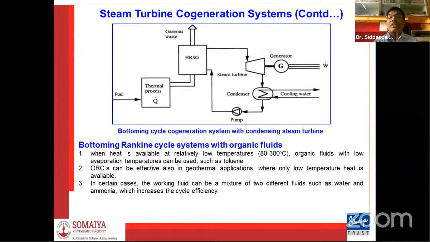Like that, I can have a series of power generation systems depending upon the potential amount of heat available to me, which I am extracting from the exhaust gas, but the source for all these will be the single source, a thermal process.